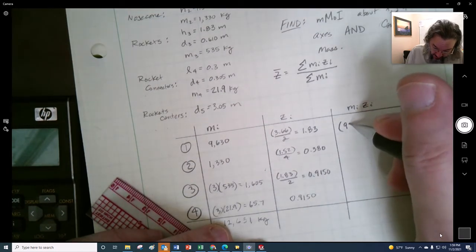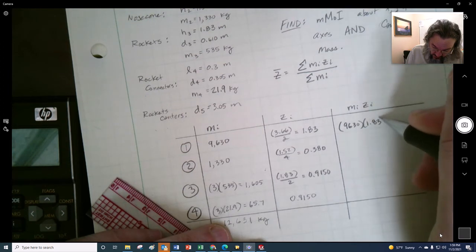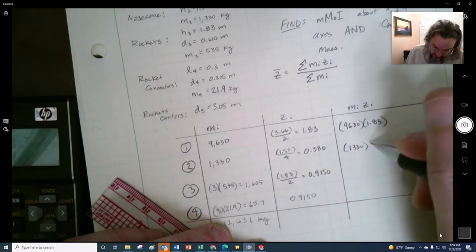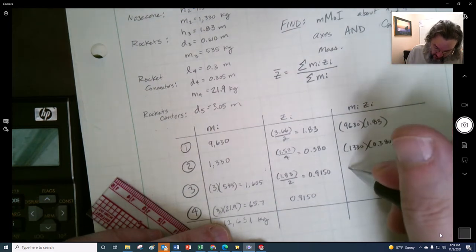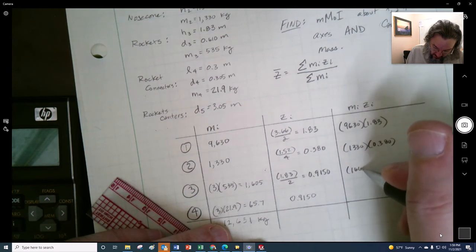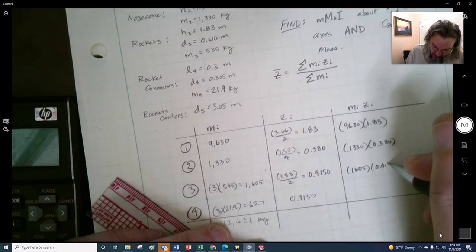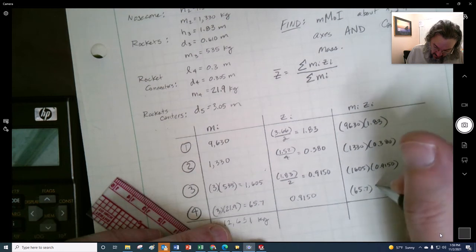So 9630, 1.83, and 1330, 0.380, and then 1605 and 0.9150, and then our 65.7 and 0.9150.